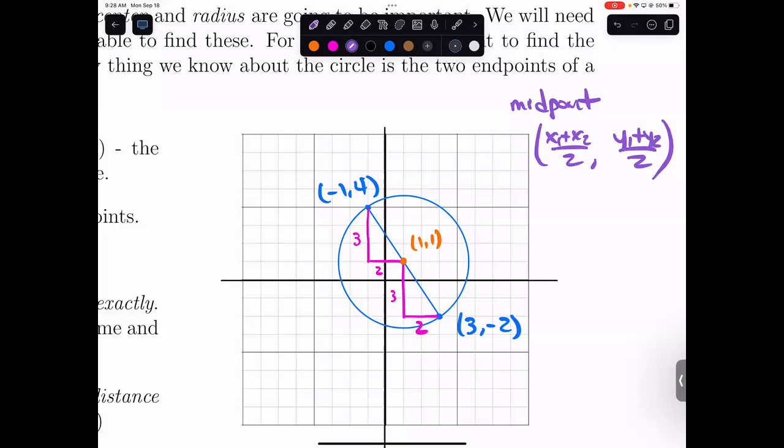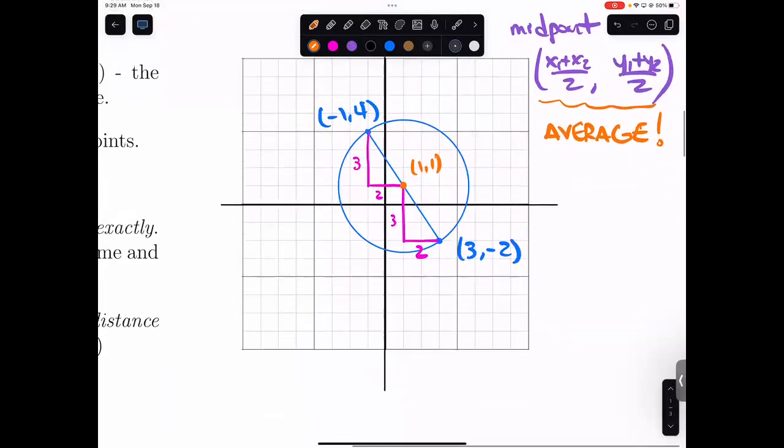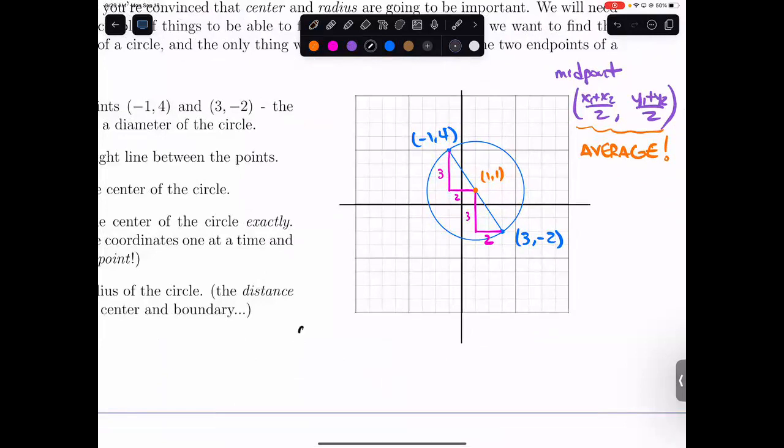So if you're into formulas and whatever, then that's cool. I'm not. So all this really is the average. So let's run that one more time with these 2 points that we're looking at. If I want to find the center, I'm going to take the midpoint or the average.